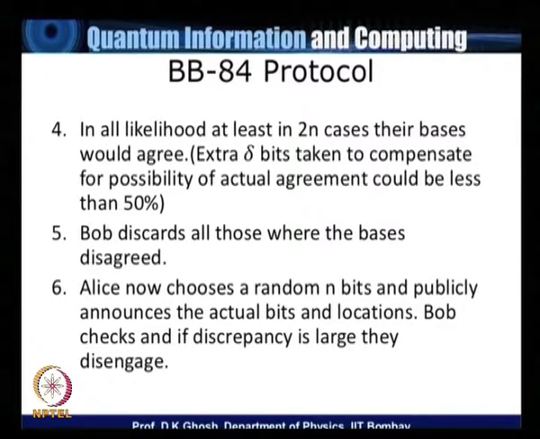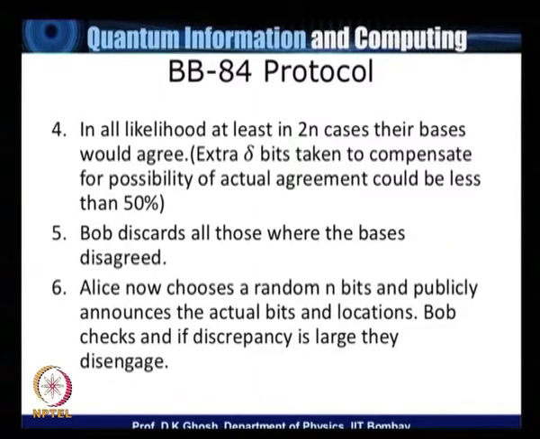So we have taken some extra bits to make sure that the agreement is at least in 2n cases. And we have said Bob will discard all those where the basis used by Alice was not the same as the basis used by him.